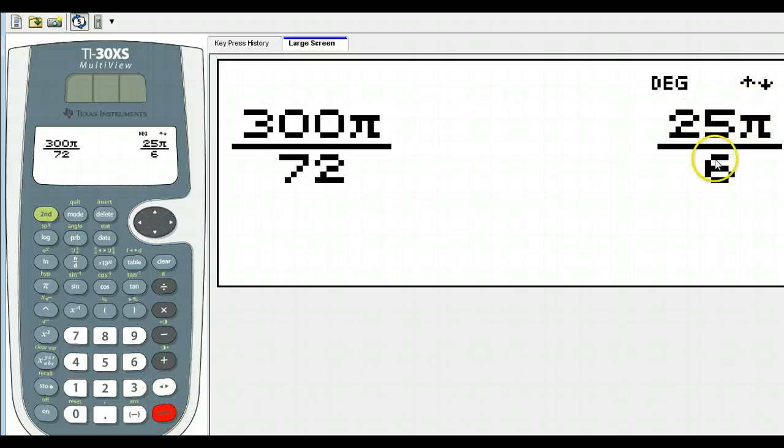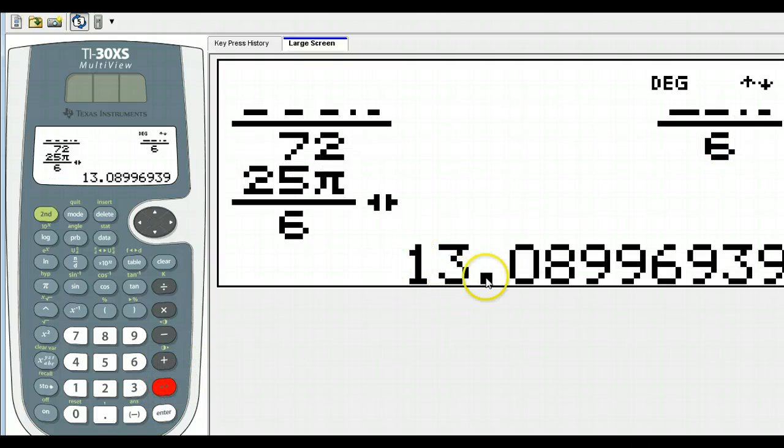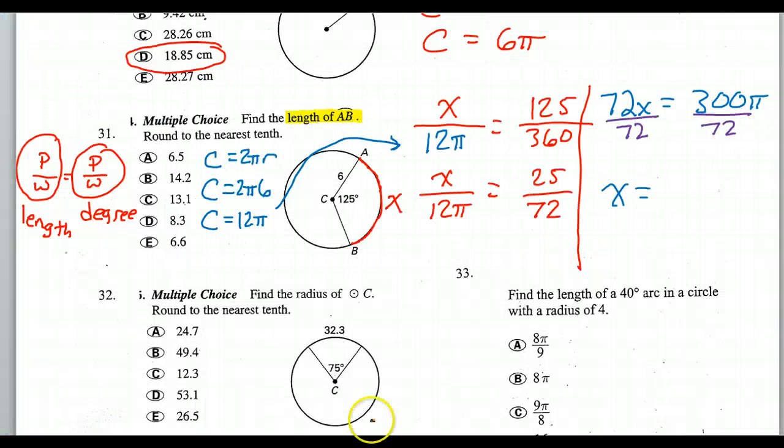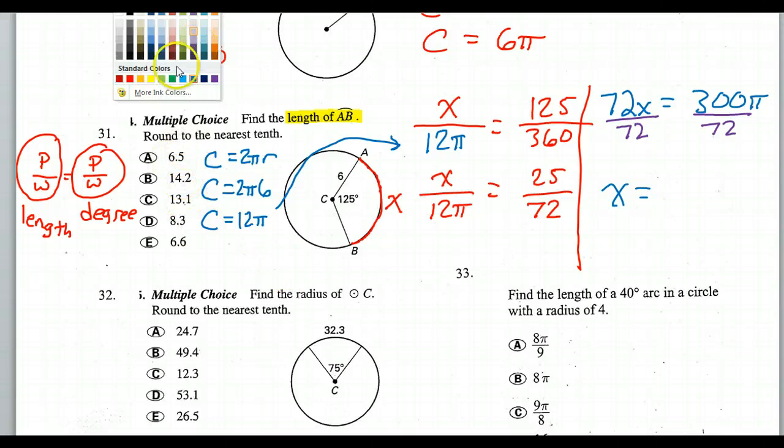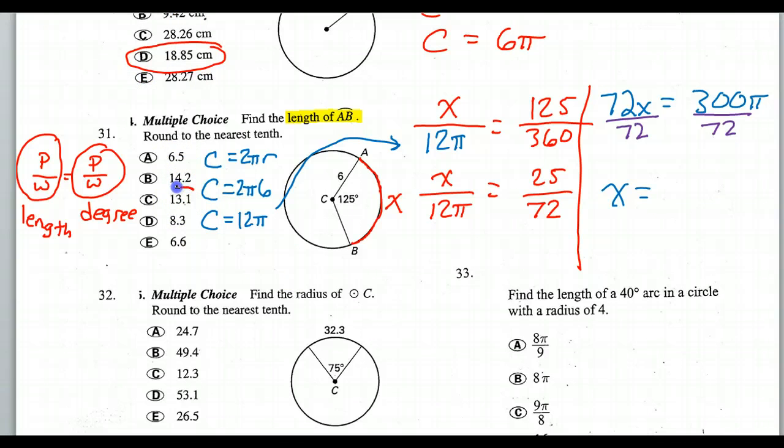If I wanted an exact answer, there it would be. But we need the decimal. So that's 13.09. Got to round that up because the next number is a 9. Oh, well, they want the nearest tenth this time, so 13.1. And there it is. 13.1, so the answer is C.